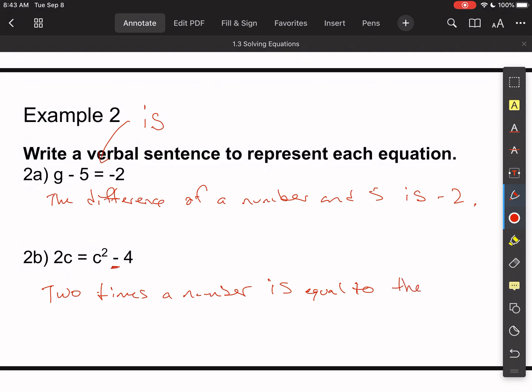So it's equal to, we can call it, a difference, right? It's equal to the difference of, now since this is the same in both, I'm going to say the same number, of that same number squared and 4. That's one way you could do it.